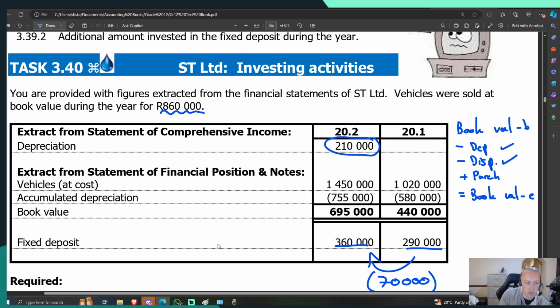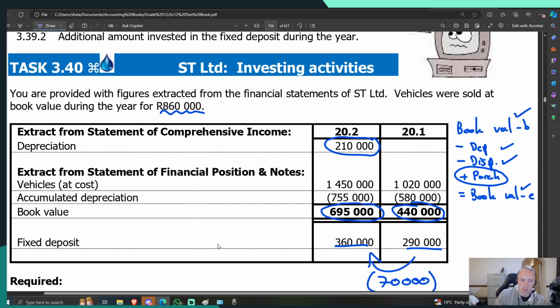Do we have book value at the beginning? Yes, we do. 440,000. Do we have book value at the end of the year? Yes, we do. And so we've got all the figures we need to work out this last one, the purchased amount. You would work backwards: book value at end, plus the disposals, plus depreciation, and minus book value at the beginning.